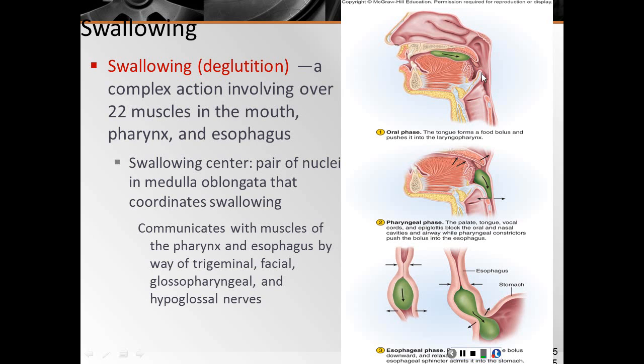So when you're eating and talking at the same time, the epiglottis will not function to its full capacity, allowing little bits of food to get into the trachea, causing you to cough. So this epiglottis has to flap down, as you see right here, allowing the bolus to get by and continue its way down into the esophagus.